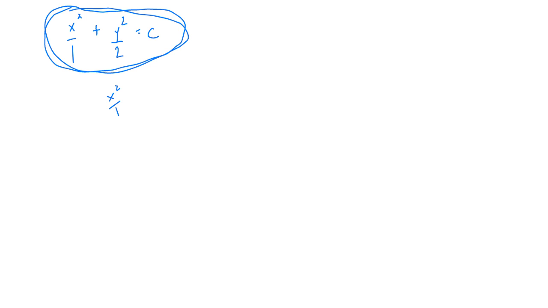If you have x squared over 1 plus y squared over 2 equals 4, x squared over 1 plus y squared over 2 equals 9. Nathan, you're almost right. If it were a circle, you'd have to have a 2 underneath the x squared. An ellipse. That's right, Samuel. You were close, Nathan, but that's right, Samuel. It's an ellipse.